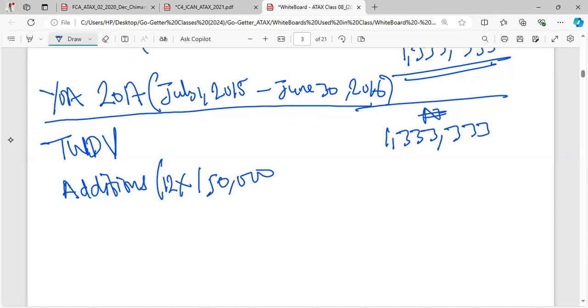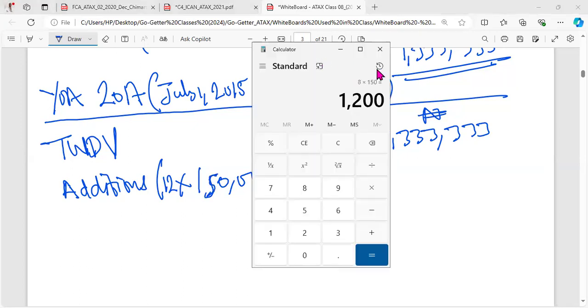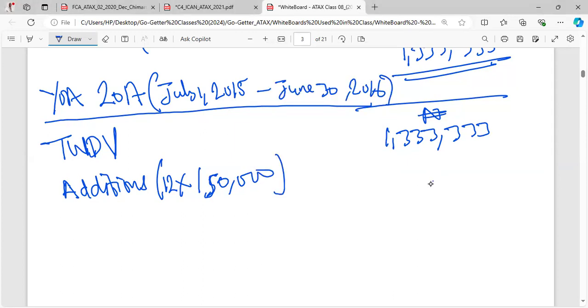So 12 multiplied by 150,000. That will give me 1,800,000. Now that's the addition.